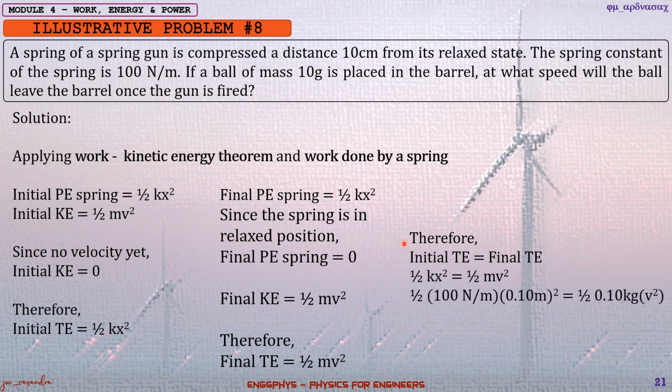Substituting our values, k is 100, x is 0.1, and our mass is 0.1 kilograms. We only have one unknown, thus we can solve for the velocity or the speed of the ball after the gun has been fired. So v is equal to 10 meters per second.